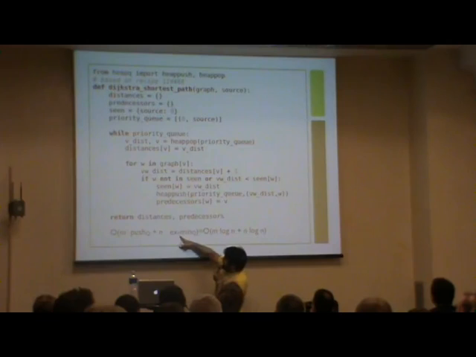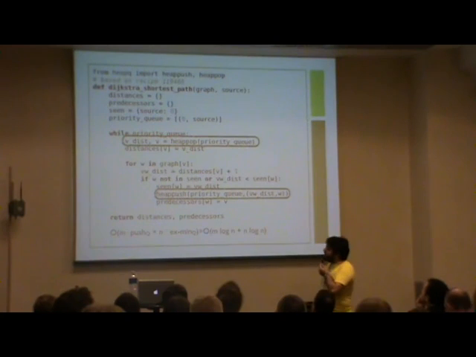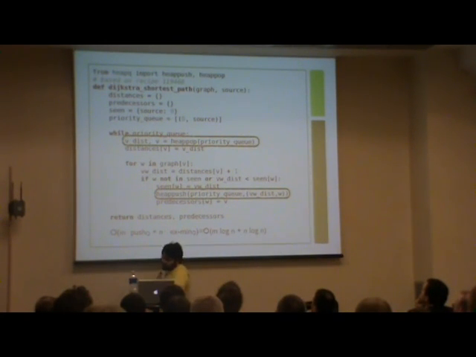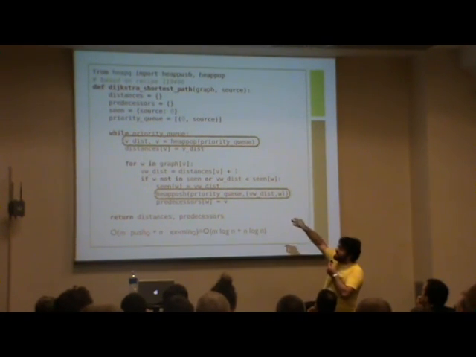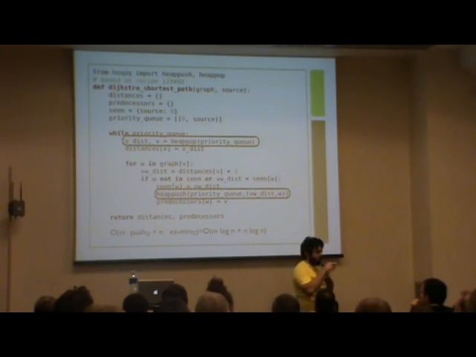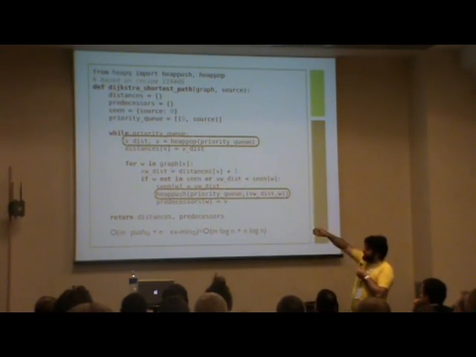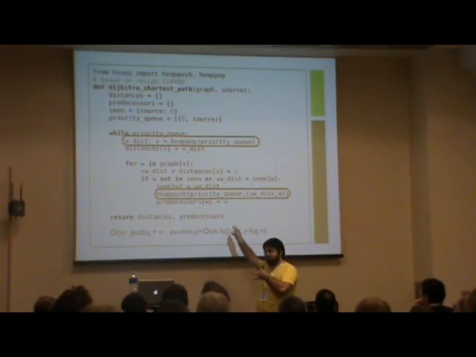These operations account for most of the running time of the algorithm. The priority queue puts nodes into the queue just once, and you get nodes back, so this outer loop runs n times. And since this analyzes all the neighbors, which means all the edges for each node, altogether that is on the order of the number of edges in operations.